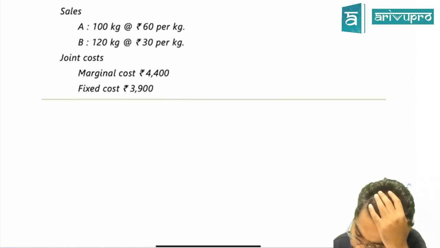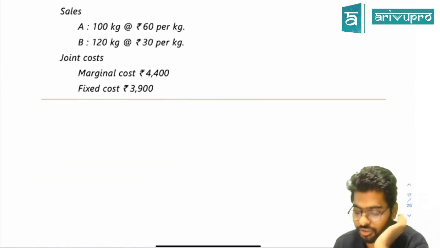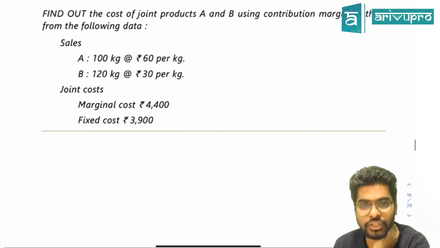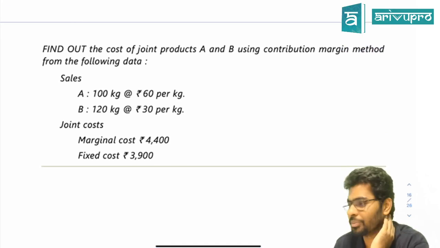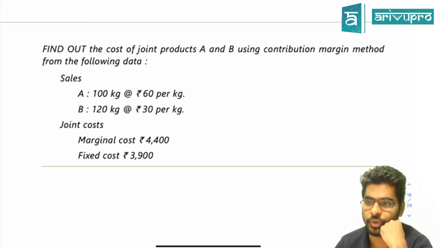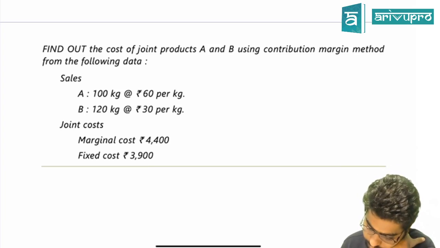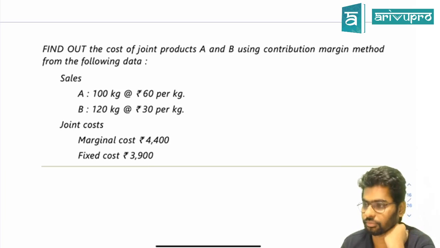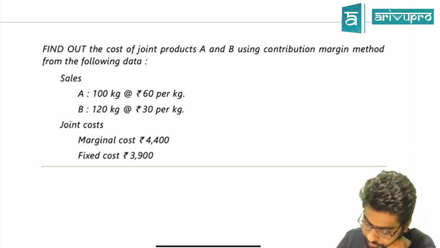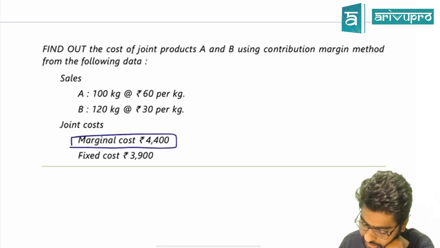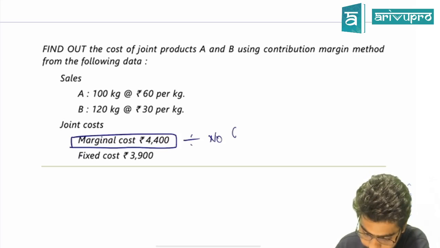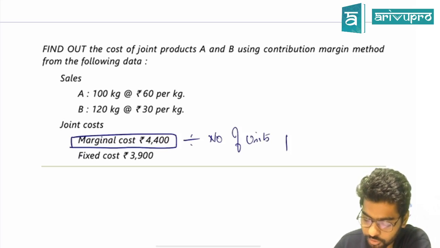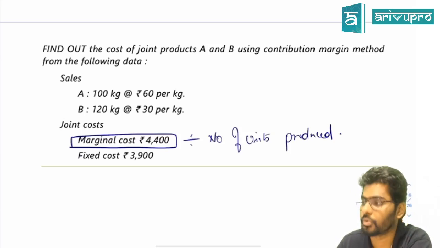So let's try understanding this question. Find out the cost of joint products A and B using contribution margin method from the following data. They are asking me to find using the marginal method, sales value, joint cost, variable cost. Marginal cost also means variable cost. My variable cost will be divided based on the number of units produced.